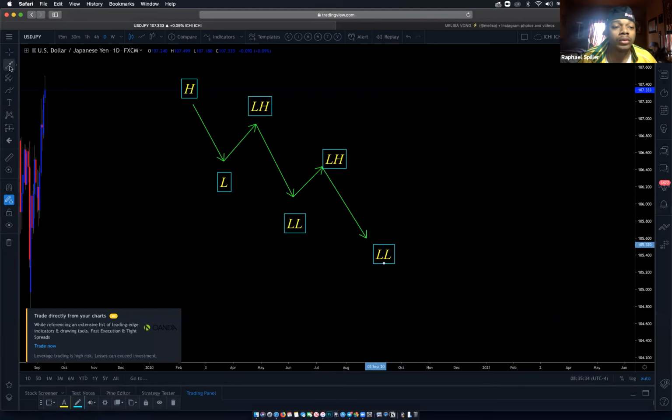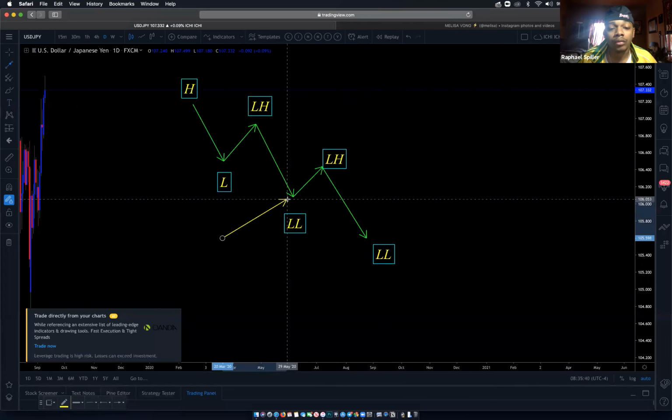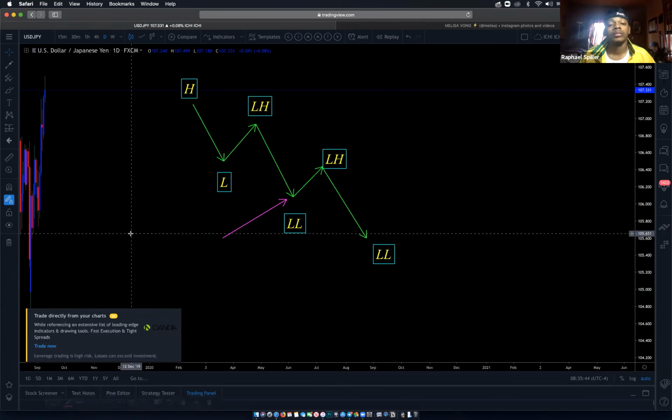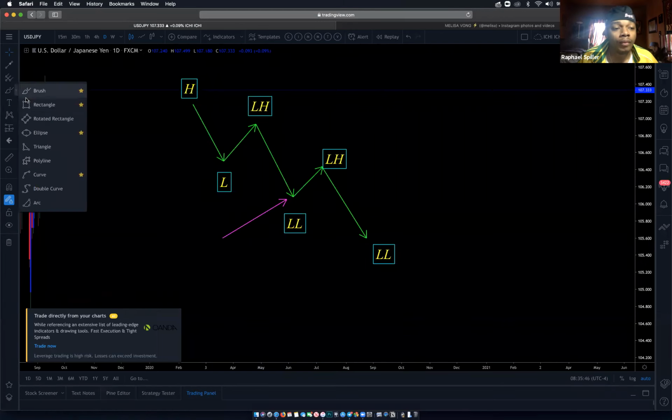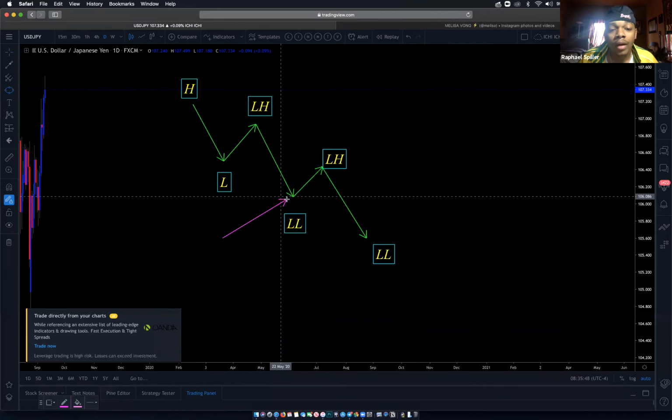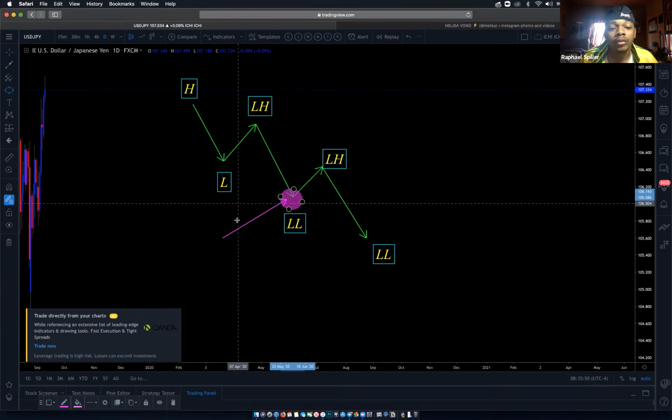How did price get here? How did this price get here?